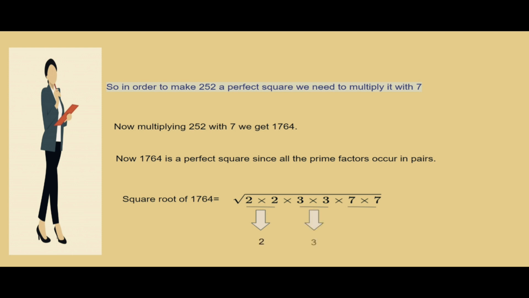We get 2, 3 and 7. Multiplying these numbers, we get 42. It means that the square root of 1764 is 42.